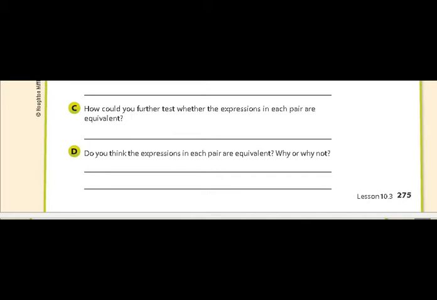We could try it with 5 and replace the variable with other numbers. You just have to make sure you use the same number for the variable in all the expressions.